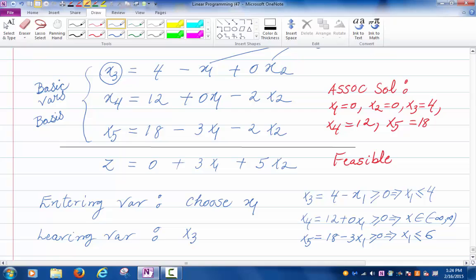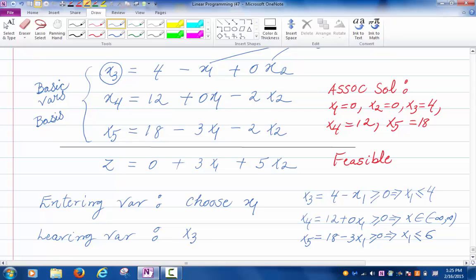You realize that each basic variable appears only once in the equations, right? x3 doesn't appear in more than one equation. So go to the equation for the leaving variable, and from that equation solve for the entering variable in terms of the leaving variable.